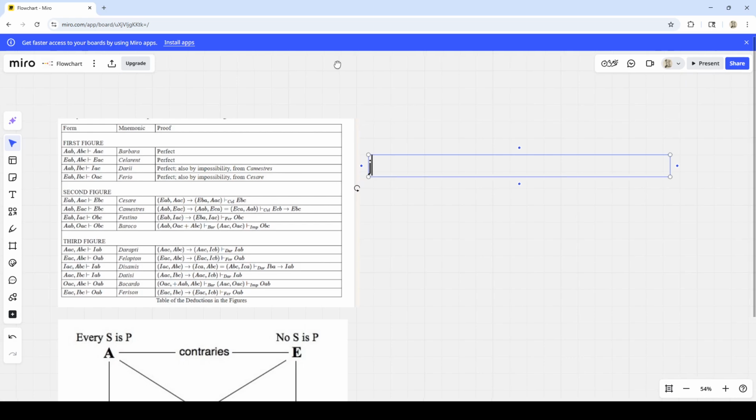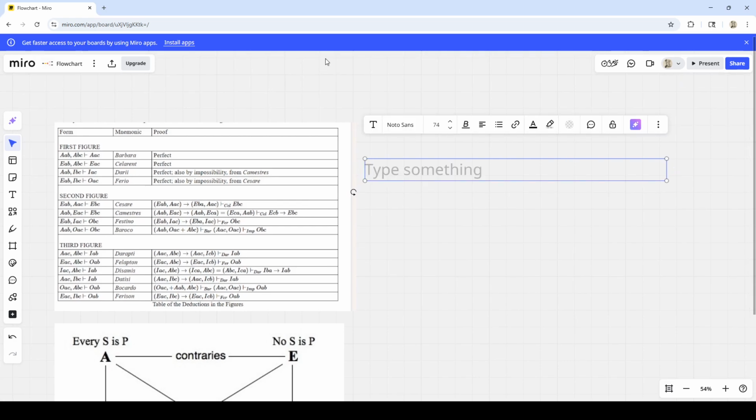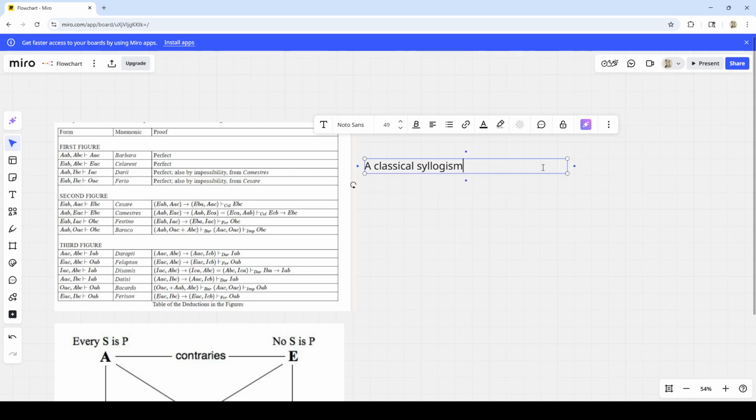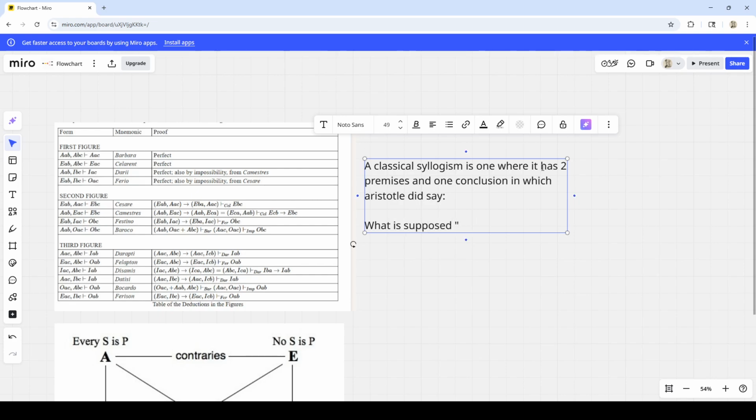Okay, so a classical syllogism is one where it has two premises and one conclusion, in which Aristotle said what is supposed, which is the premises, and what results is of necessity.